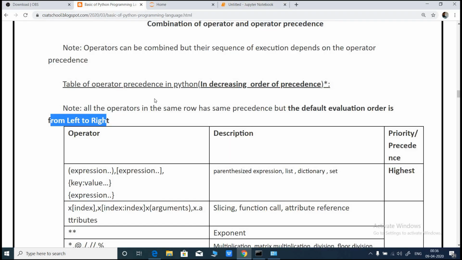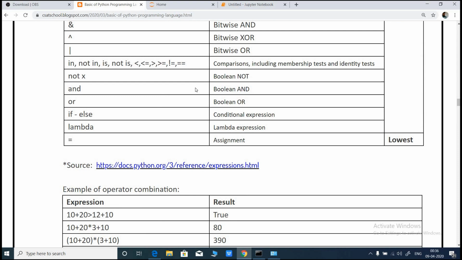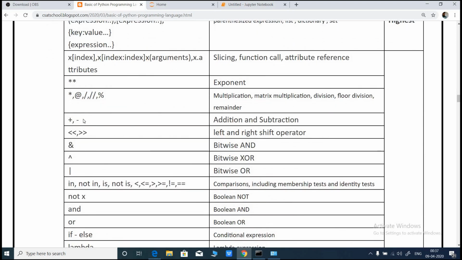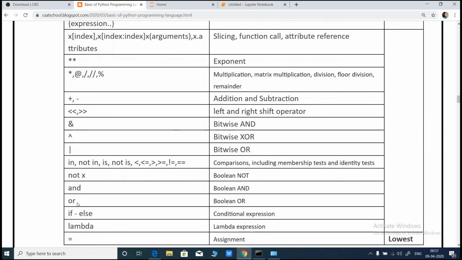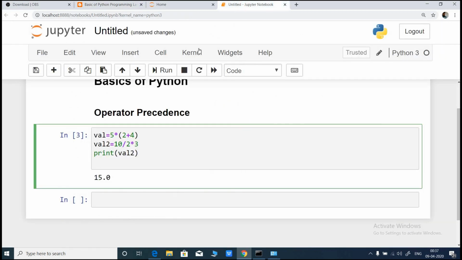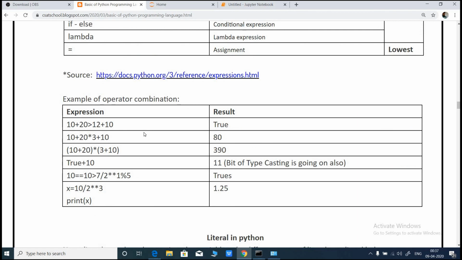Go through the blog post, it will make more sense. Here we have a combination of arithmetic as well as relational operators. In this table we can also see different kinds of operators: arithmetic, bitwise, and logical operators, even if-else, and lambda, which is a compressed function of some sort. So everything is there.